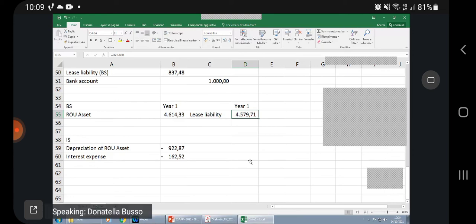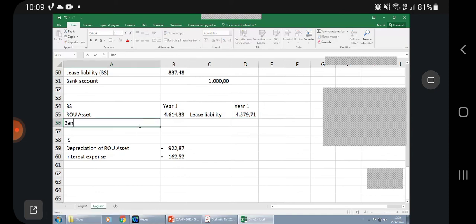So if you want, you can show it, but please don't write the minus 1,000 and nothing else, because minus 1,000 is one of the thousands of movements of that bank account.